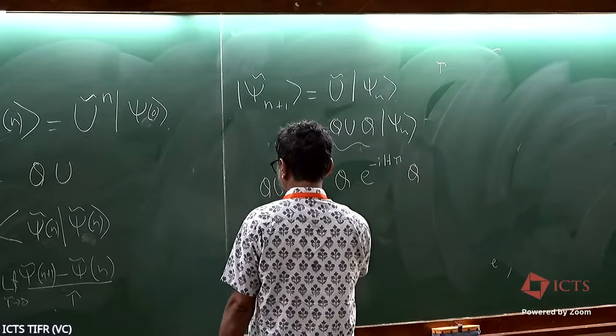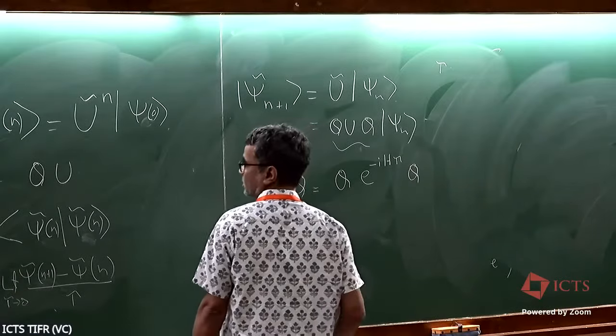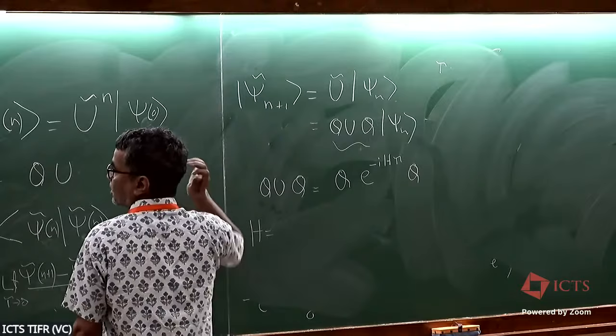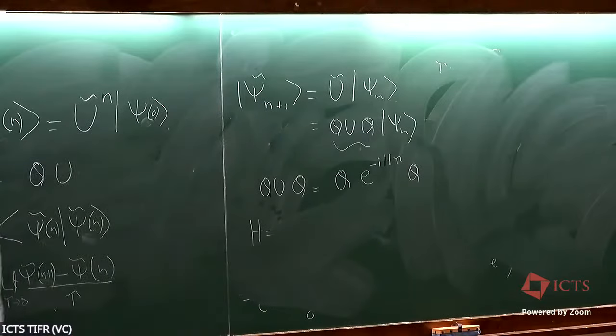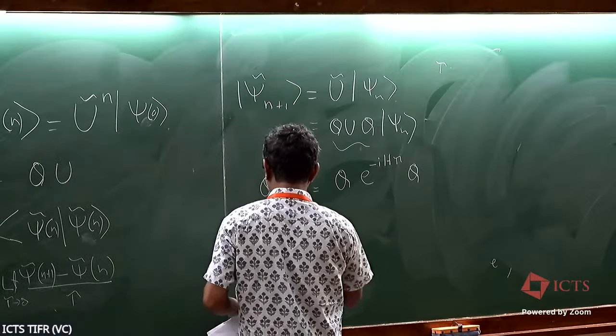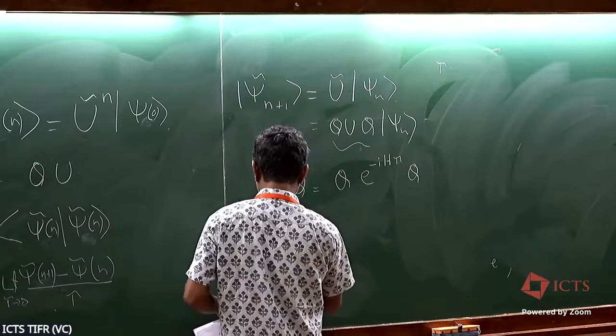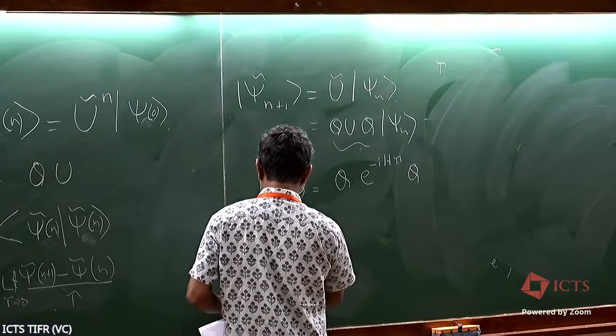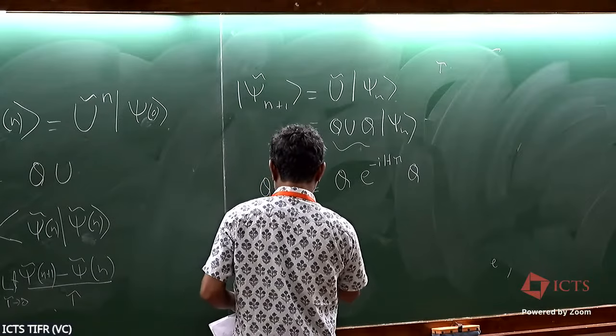And what is H? We'll divide H into two parts. One is the system part, and the other is the detector part. So we'll write H in the following form, the full H total.